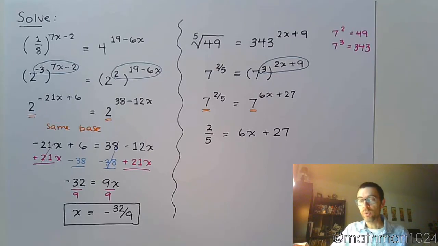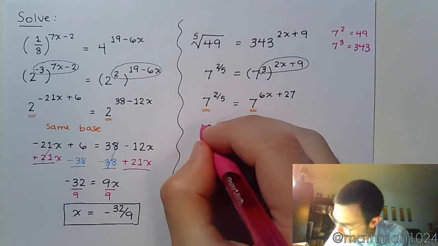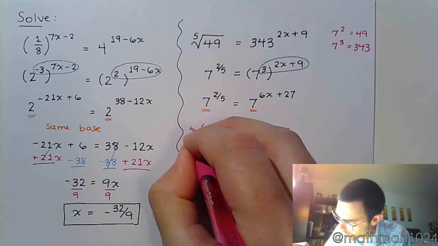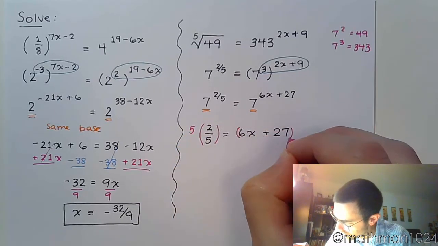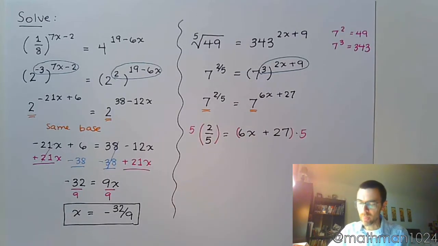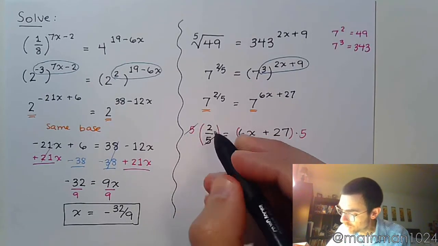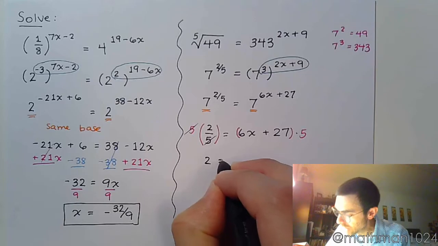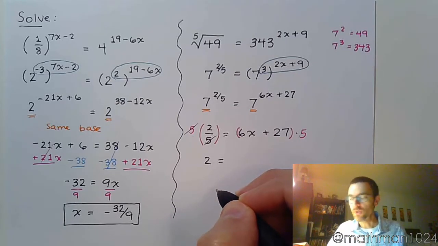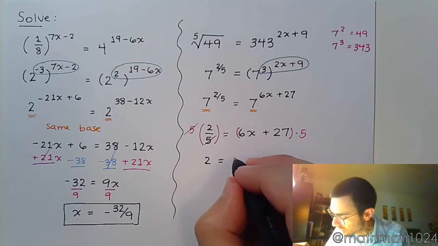So the only denominator that we have is 5. So if I multiply both sides of the equation times 5, then I won't have fractions to worry about. So here, those 5's reduce, and I just have 2. On the right side, you have to make sure that you distribute. 5 times 6x is 30x.